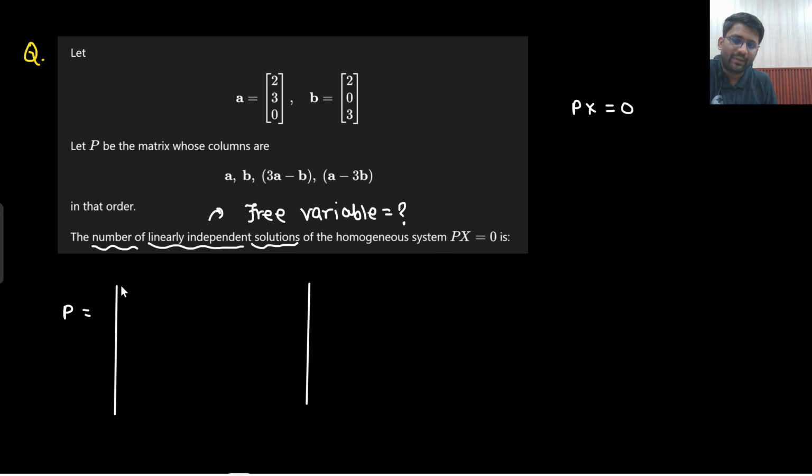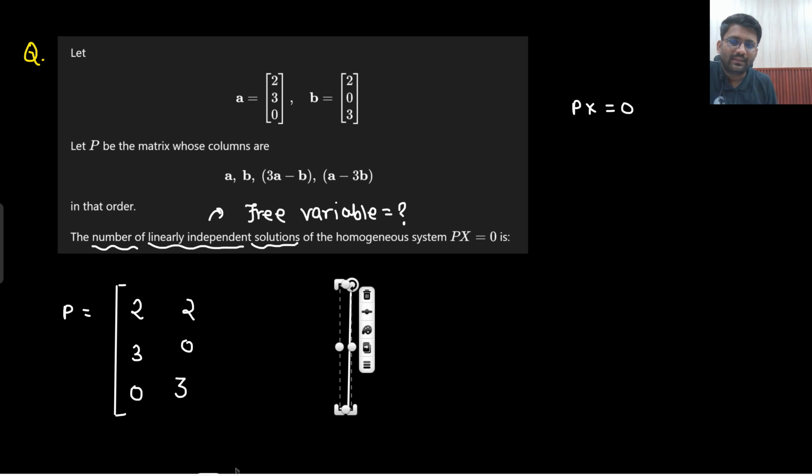So what is our matrix P? A is one of the vectors, 2, 3, 0. Then B is 2, 0, 3. The next vector is 3A minus B. Thrice of A is 6, 6 minus 2 will be 4. Thrice of 3 is 9, 9 minus 0 is 9.